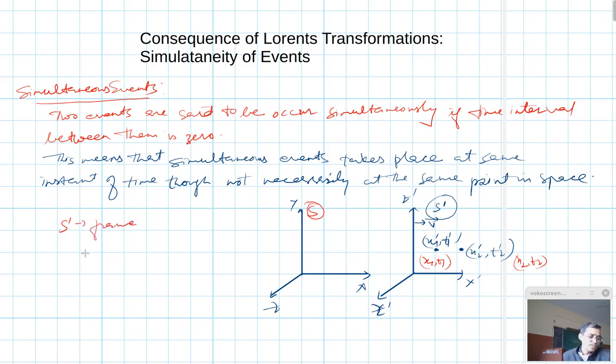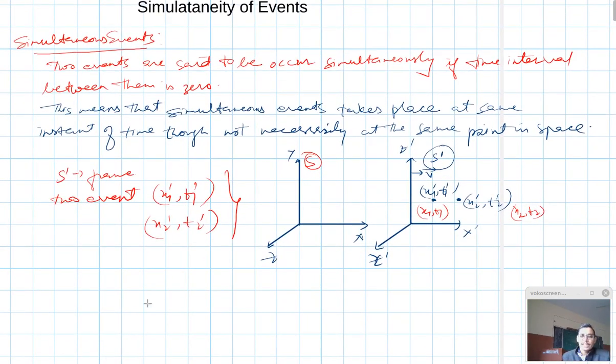So let us talk in terms of the S prime frame. These are the two events, and they are represented by x1 prime, t1 prime and x2 prime, t2 prime, when observed from the S prime frame. Now x1 prime and x2 prime need not necessarily be the same point; they are different points.